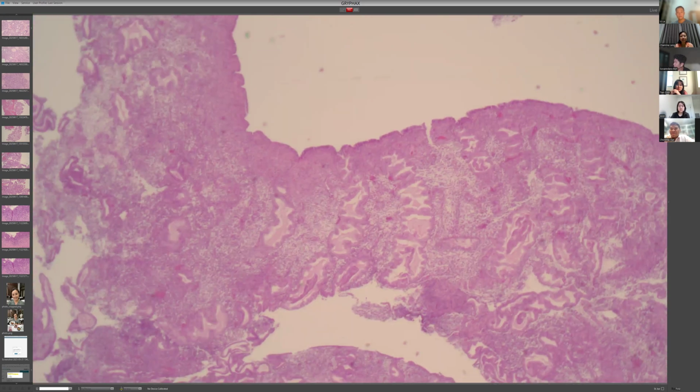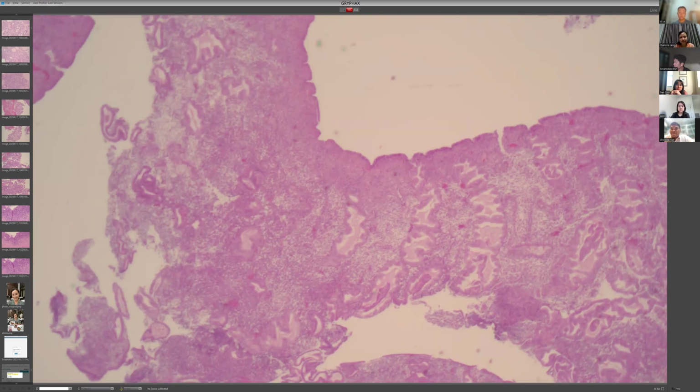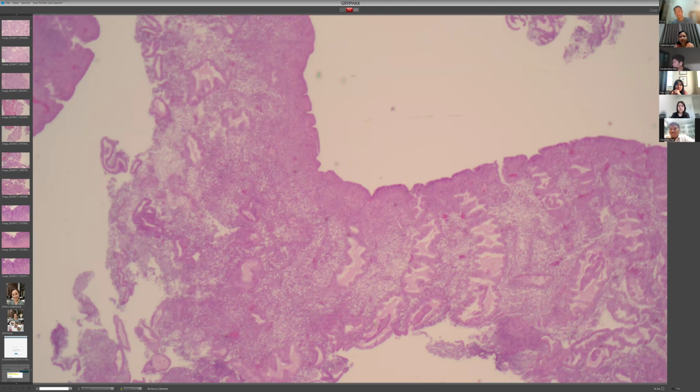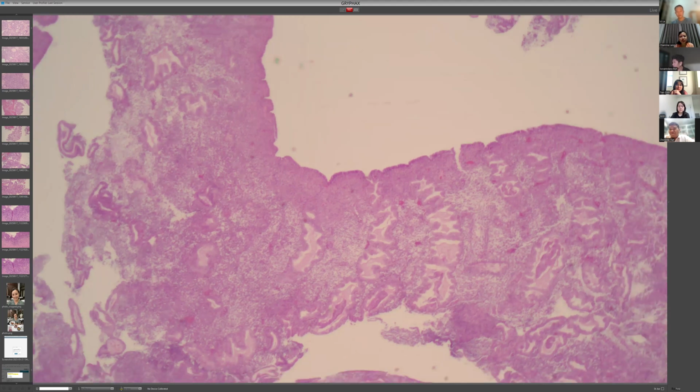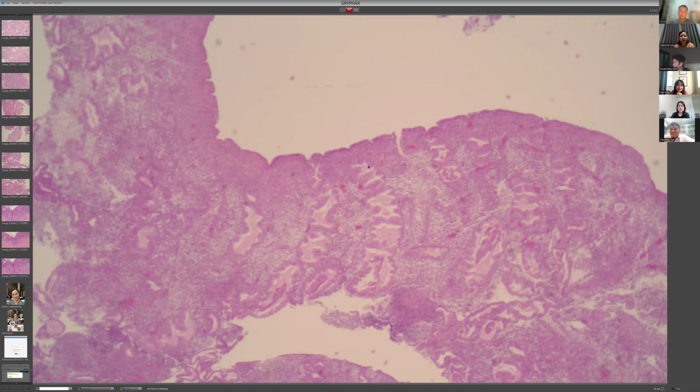Now in low power, what are some characteristics of stroma versus glands you see? I think it's really a textbook picture that we saw in Dr. Minnie's presentation also.